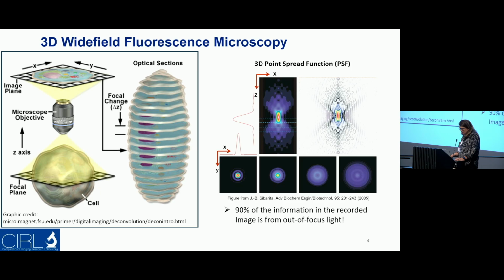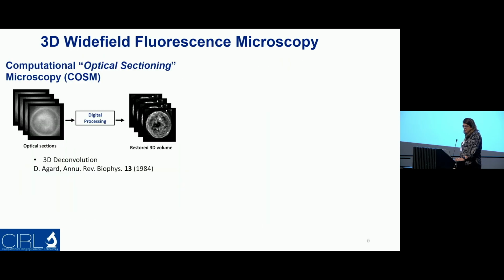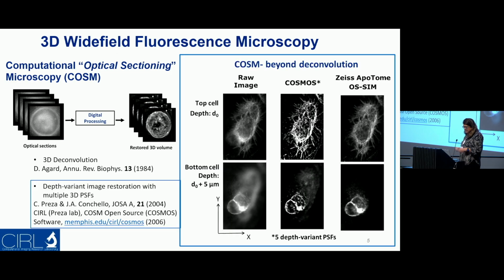This was very well known, and back in the early 80s, it was proposed to use digital processing, at the time 3D deconvolution, to produce a 3D volume that's a better representation of the sample. And then about 28 years later, we went beyond this 3D deconvolution.